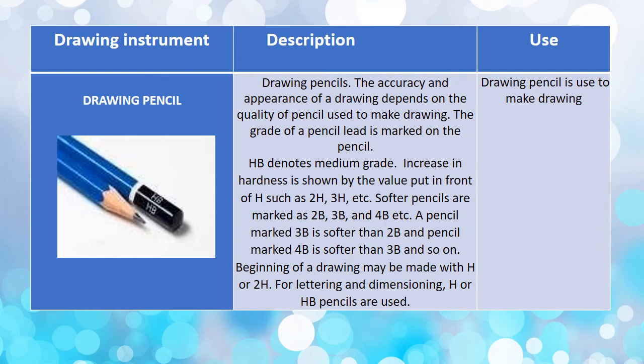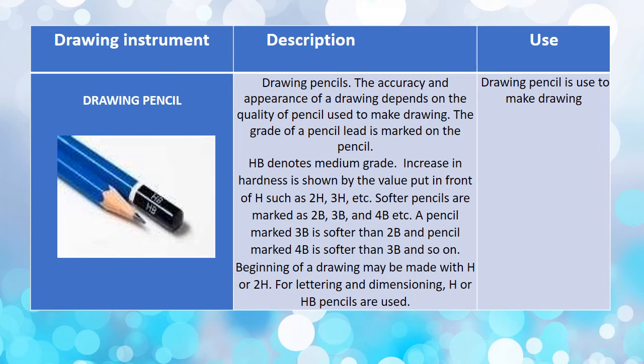Then we have the drawing pencil. The accuracy and appearance of a drawing depends on the quality of the pencil used to make the drawing. The grade of a pencil lead is marked on the pencil. HB denotes medium grade.